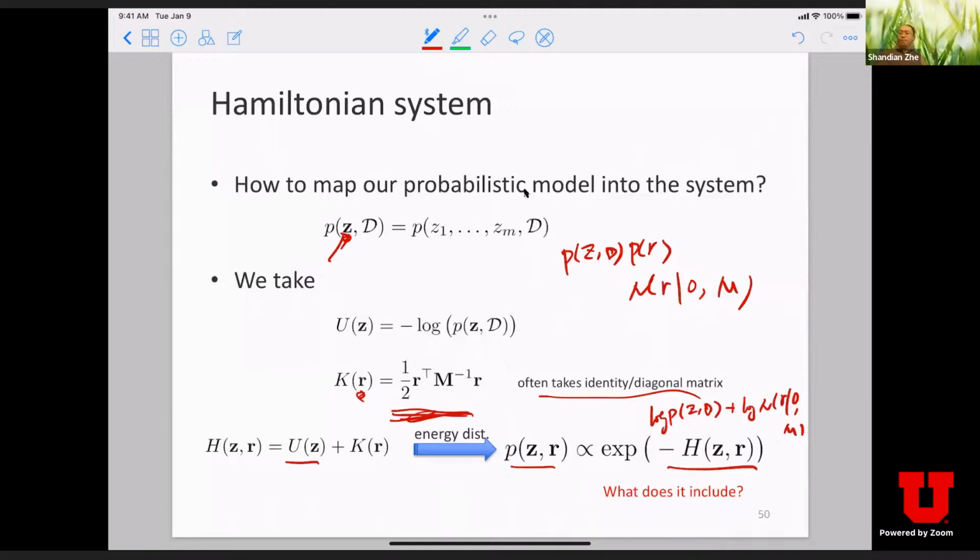Then the joint distribution of Z and R is proportional to the exponential of the negative total energy of this system. We're going to focus on this newly constructed Hamiltonian system and see how we can leverage it to generate new proposals for Z.